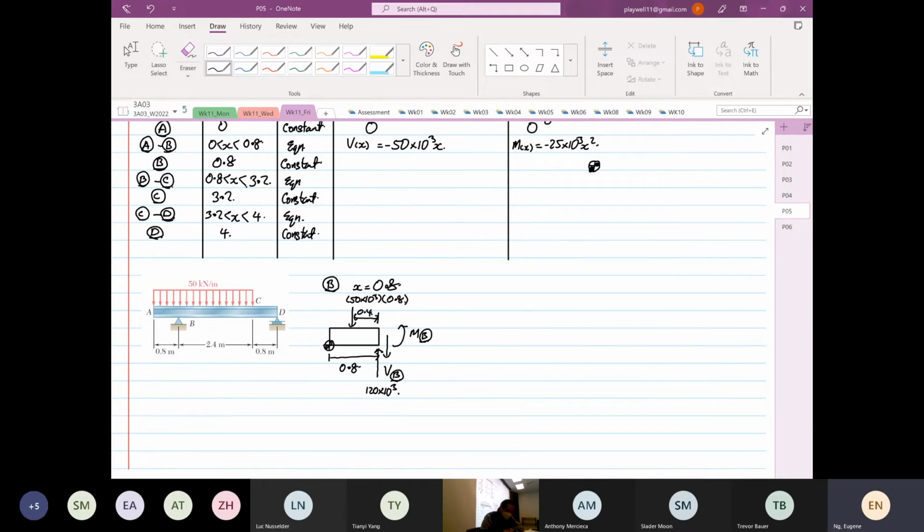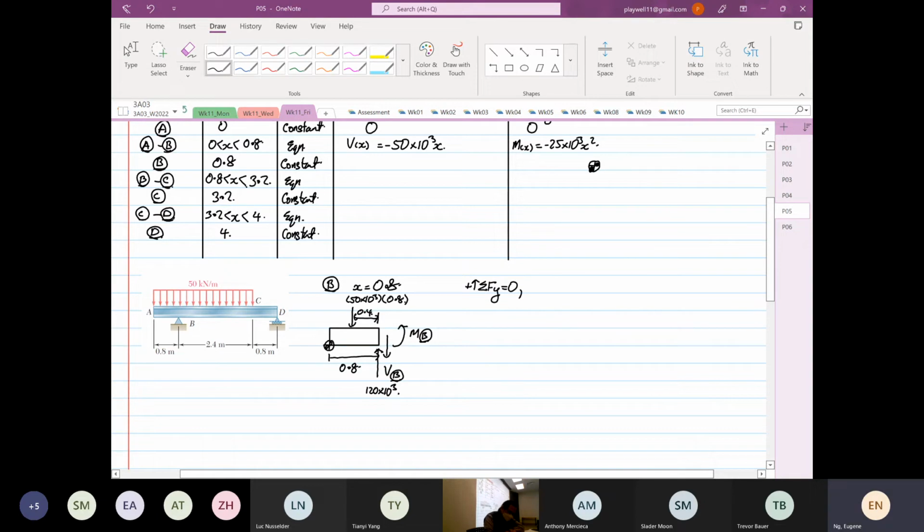And again, we do static analysis. Summation of moment, summation of moment, Eugene, seriously. Positive is going up. Summation of forces of y is equal to 0. Okay.